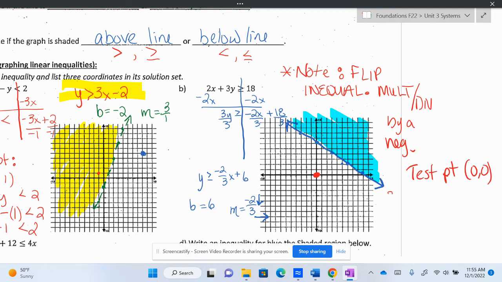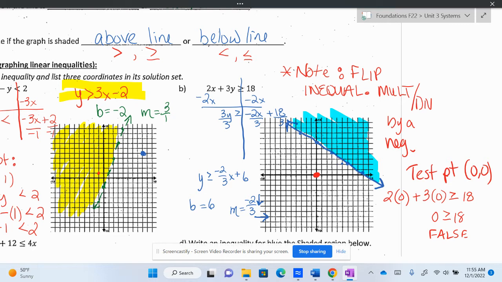Okay, so let's check that. 2 times x, which is 0, plus 3 times y, which is 0, has to be greater than or equal to 18. Is 2 times 0 plus 3 times 0 ever greater than or equal to 18? So that means that this is false, and that makes sense because it's not in the shaded zone, okay?